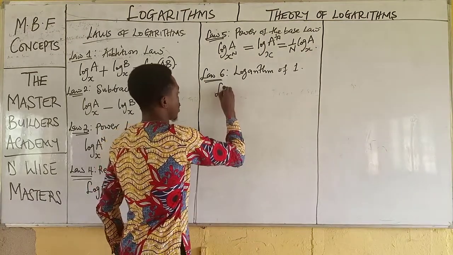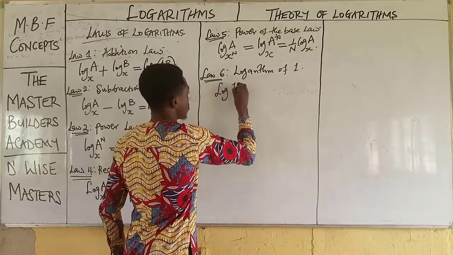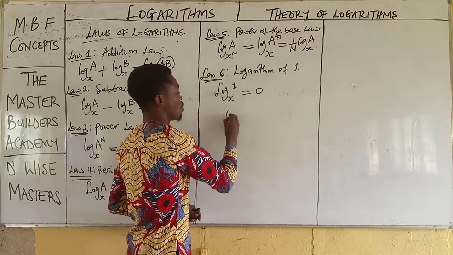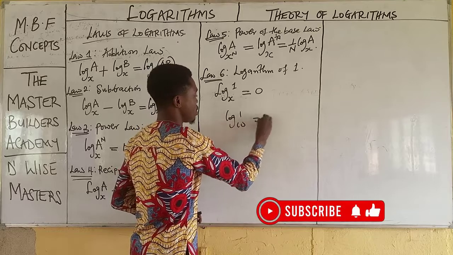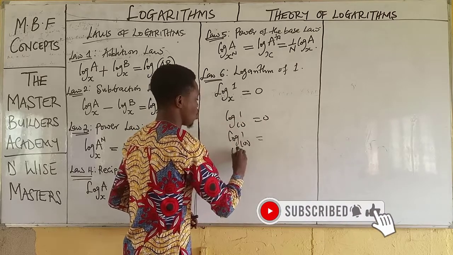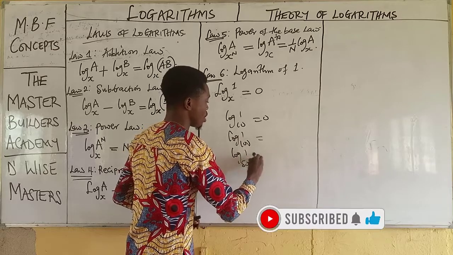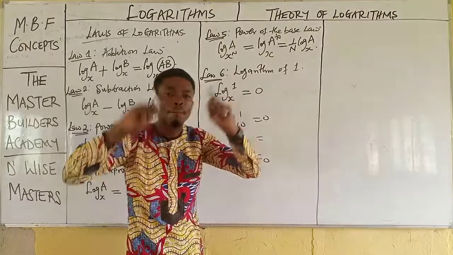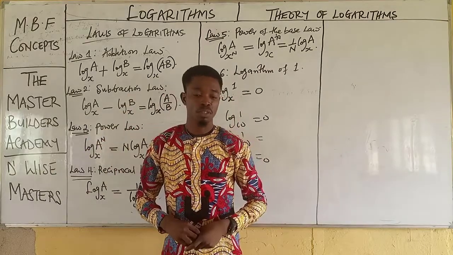So this is how the theorem is: log 1 to base x is 0. What this means is if I have log 1 base 10, it is 0. Log 1 base 100 is 0. Log 1 base 500 is 0. So the log of 1 to any base at all is 0.